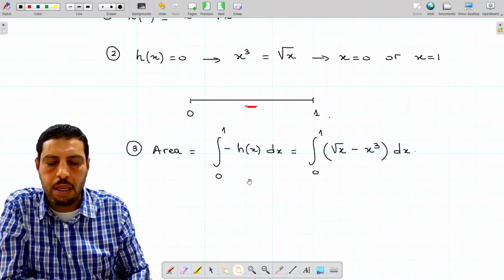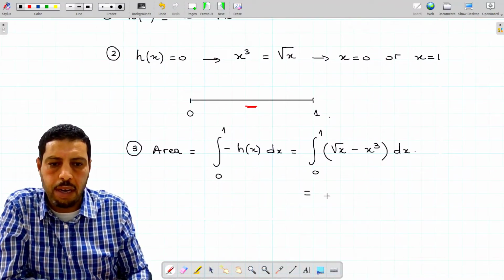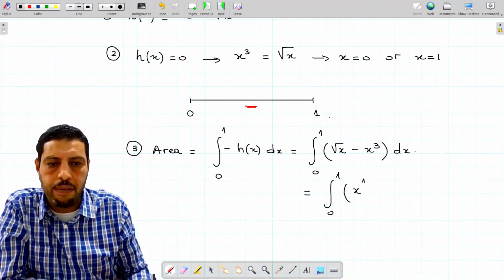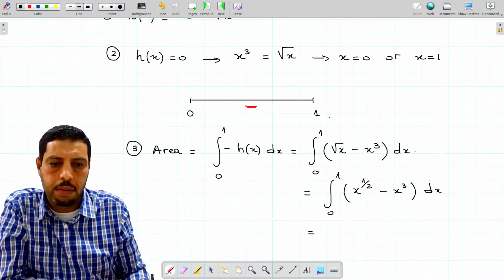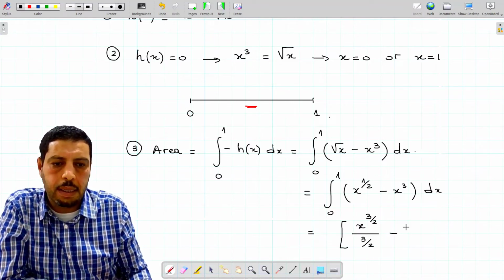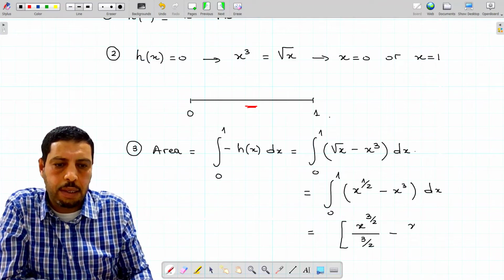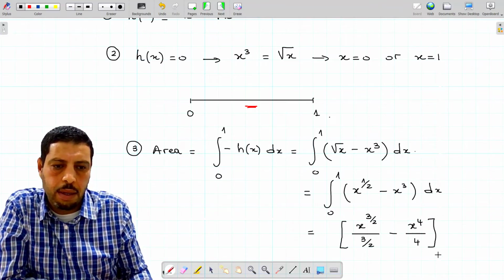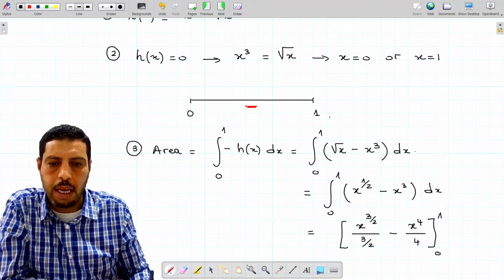And here you can use the power rule, so you can write it as the integral between 0 and 1 of x to the power of 1/2 minus x cubed dx, which is equal to x to the power of 3/2 over 3/2 minus x to the power of 4 over 4 taken between 0 and 1, okay?